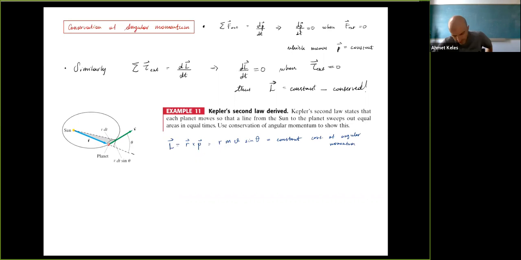So we want to use this and derive Kepler's second law.